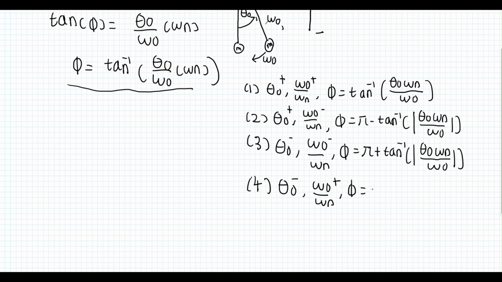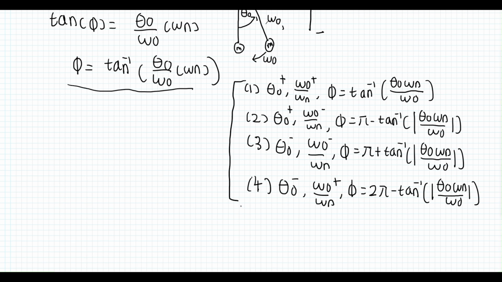So phi is 2 pi minus tan inverse theta naught omega n over omega naught. And these four equations can be used to easily calculate the phase for every different pair of initial conditions in the system.